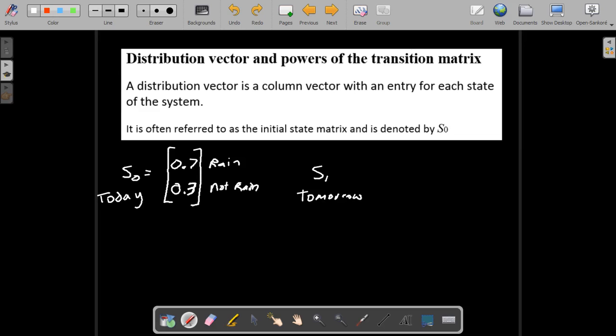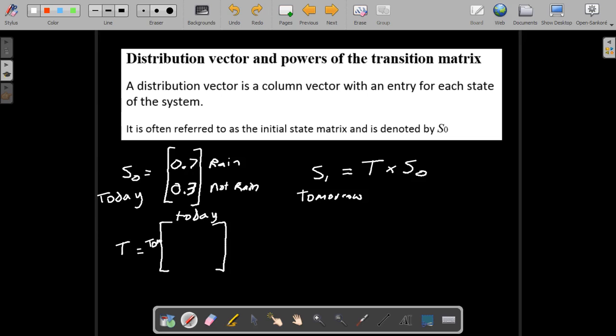And how do I work out what S1 is? Well, it actually comes from the formula, our transition matrix times our previous column vector, which in this case is S0. So I haven't defined what my transition matrix is. So today is on the top, and tomorrow is on the side.